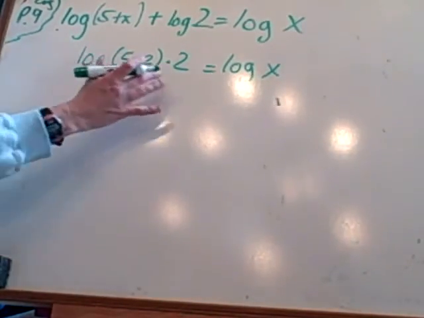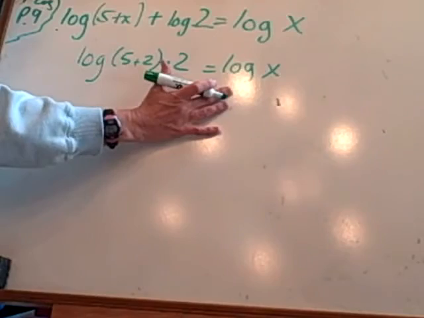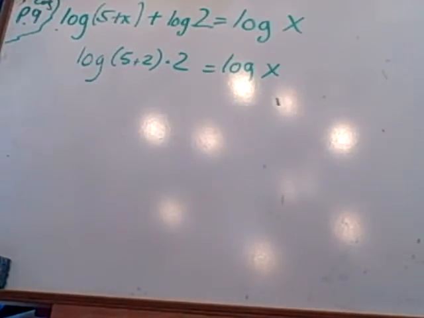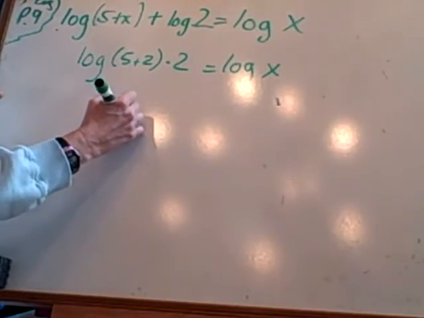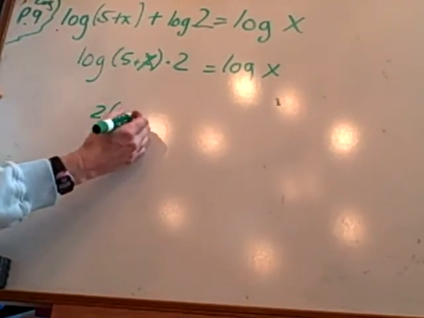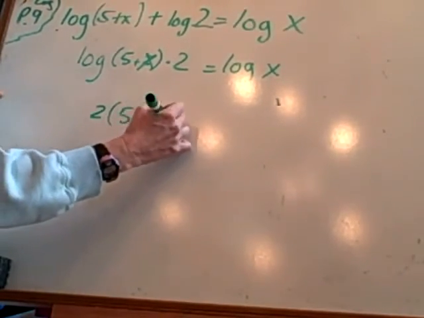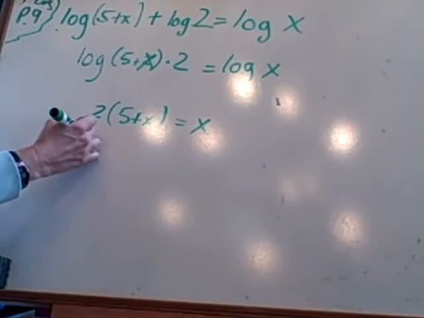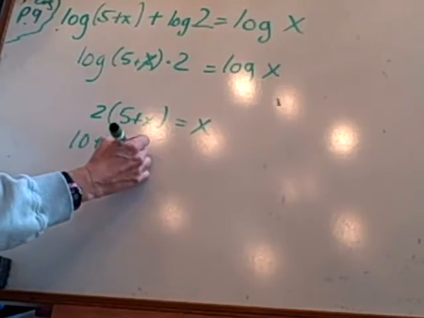Now here I have logs that are the same base. So when I have log of m equals log of n, then I know m equals n. So I know that this 2 times, excuse me, that should have been a 5 plus x. 2 times 5 plus x equals x. So this is going to give me 10 plus 2x equals x.